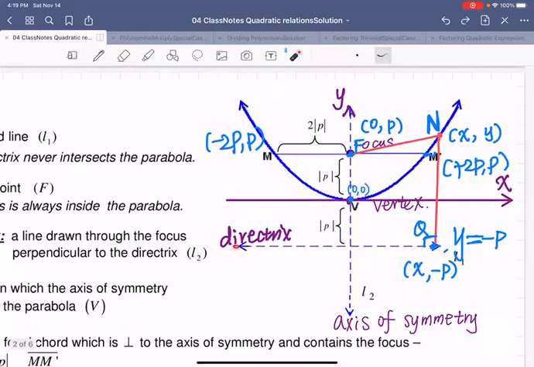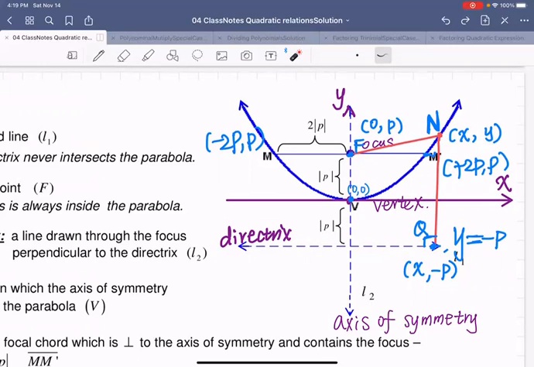And in the other direction, you draw another horizontal line. You write down directrix. This horizontal line is called the directrix.